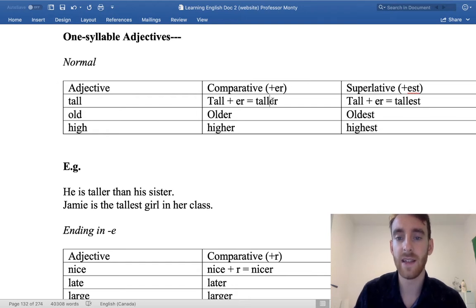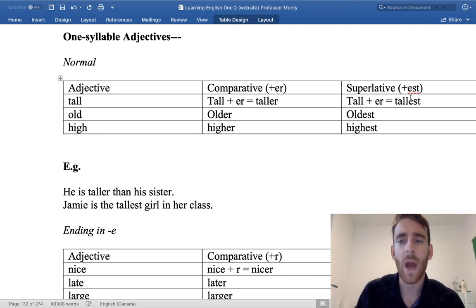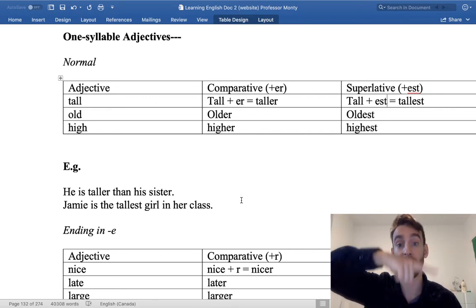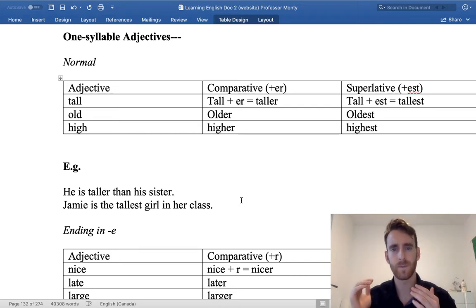So you add er, becomes he is taller than his sister. When you want to do the superlative, you add est, excuse me. So Jamie is the tallest girl in her class. So out of everyone in her class, Jamie is the tallest one.